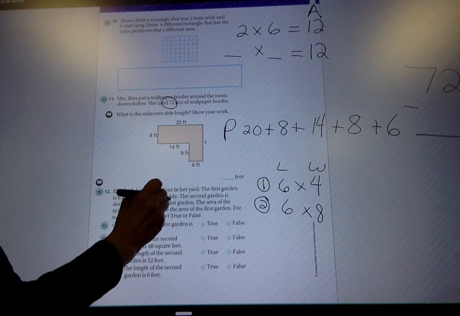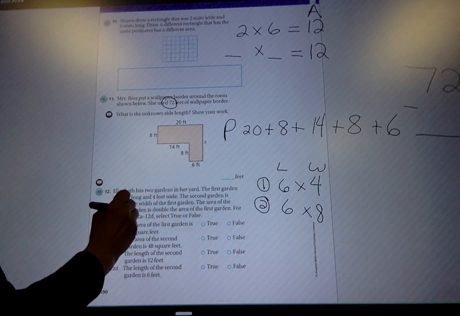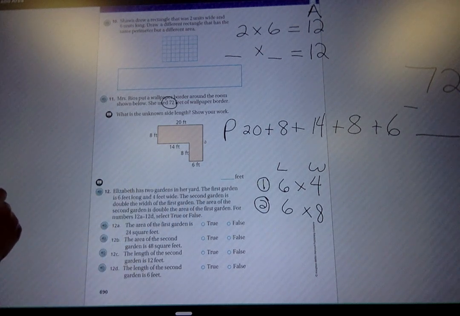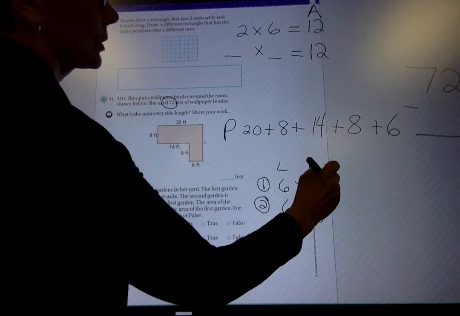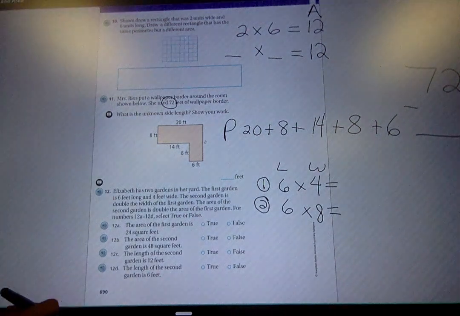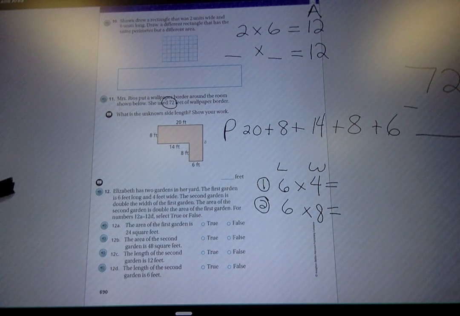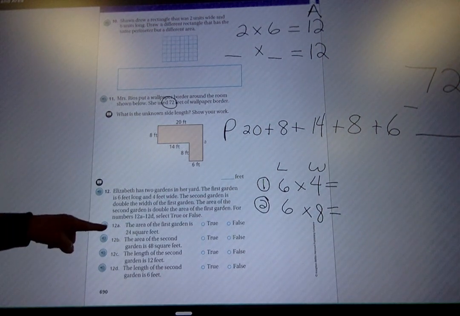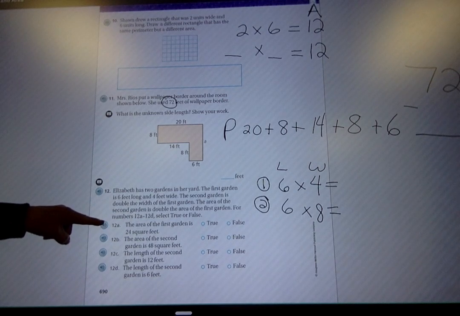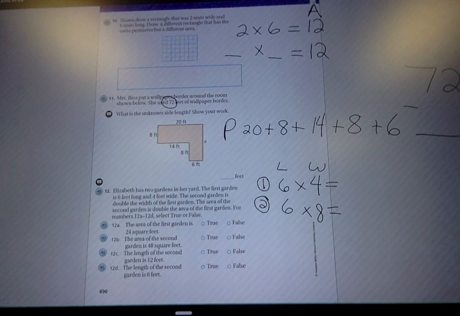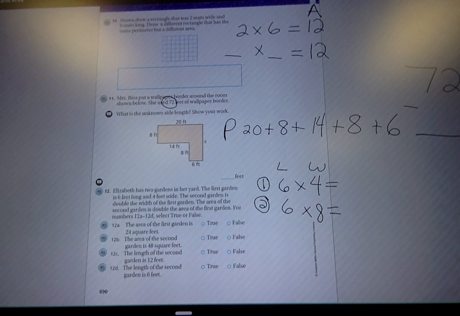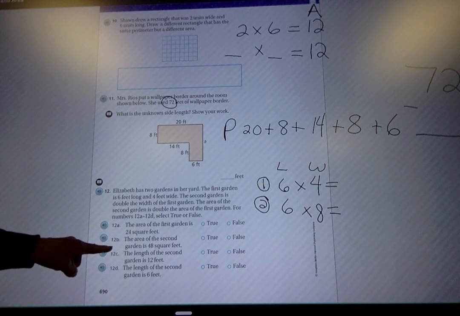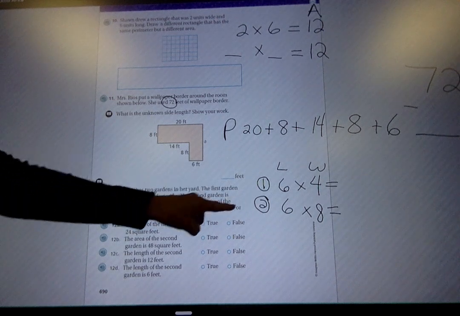The area for numbers 12A through 12D, select true or false. So you're going to find out what the total area of each of these is, and then you're going to tell me if it's true or false. The area of the first garden is 24 square feet. Is that true or false? The area of the second garden is 48 feet.